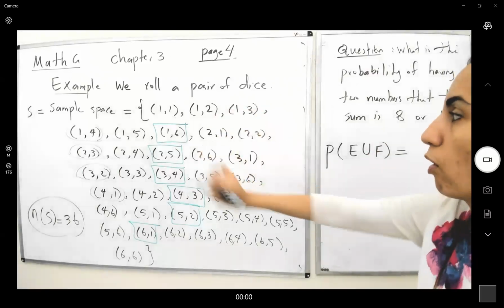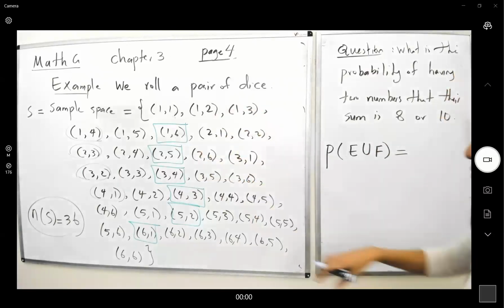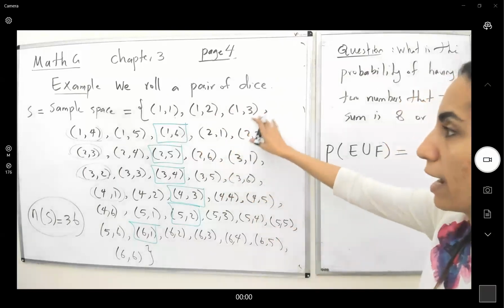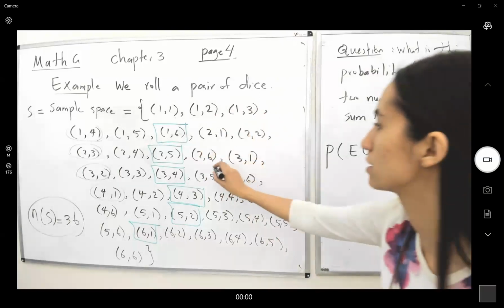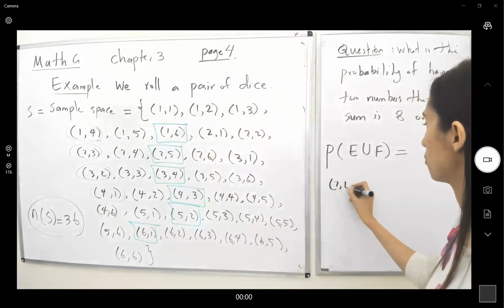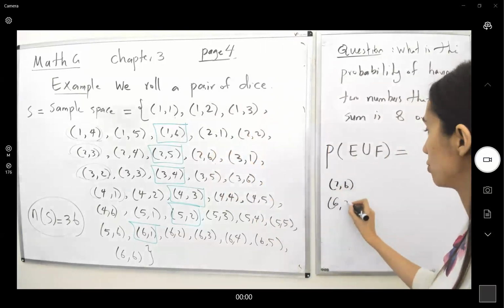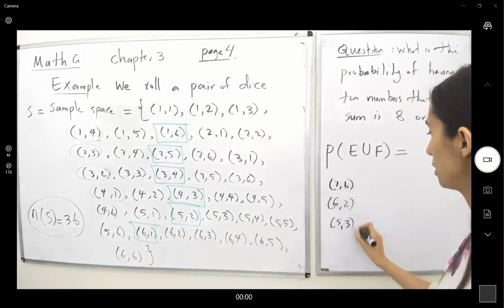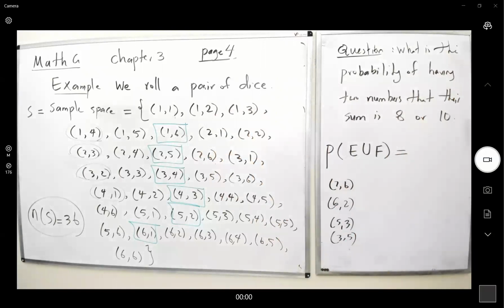So let's look for all of them. Sum is 8. Very well, here I have 2 and 6, so this is one of them. 2 and 6, I have 6 and 2, I have 5 and 3, I have 3 and 5. What else do we have here? That's pretty much it.